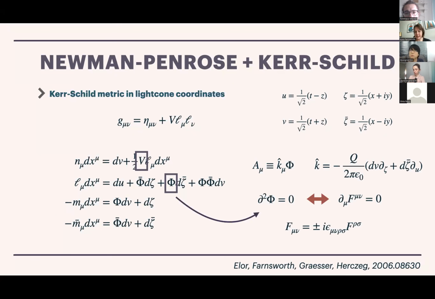So this is the idea of the Newman-Penrose map: for these gravitational solutions, I can always find this function phi, and from that, I can get a gauge theory solution, a Maxwell solution. So cool, but is it really going to give me something that makes sense? And the answer turns out to be yes.